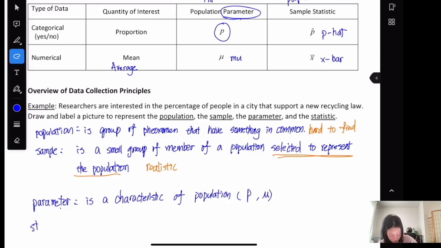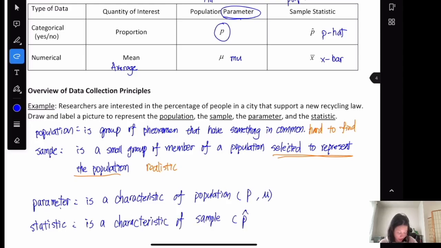And a statistic is a characteristic of a sample, and we use p hat for the sample proportion and x bar for the sample mean. Okay.